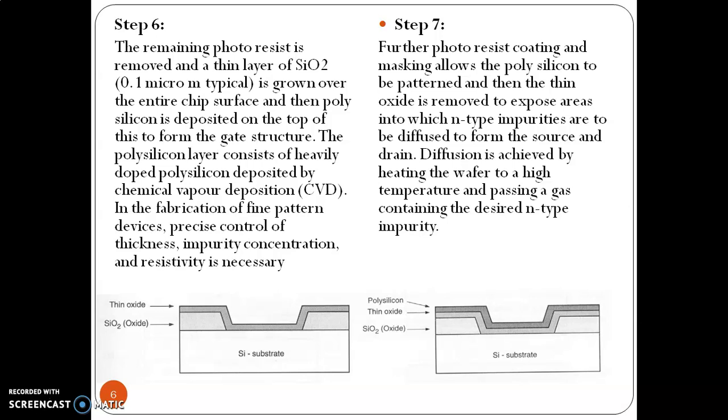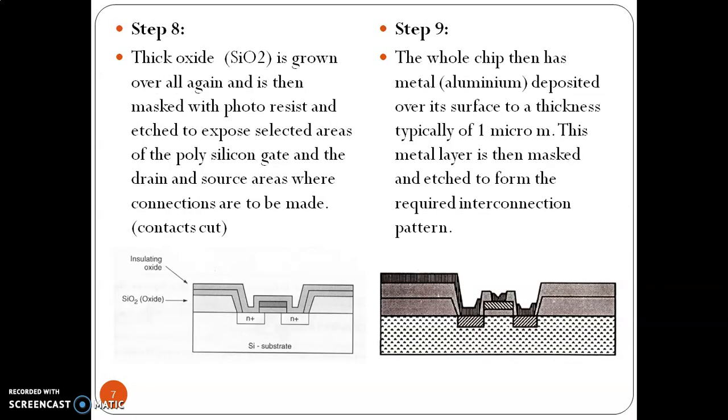Once the source and drain are formed, the total transistor structure is brought up, as shown in the figure. Two N-type dopings have been formed, and a gate region is formed.